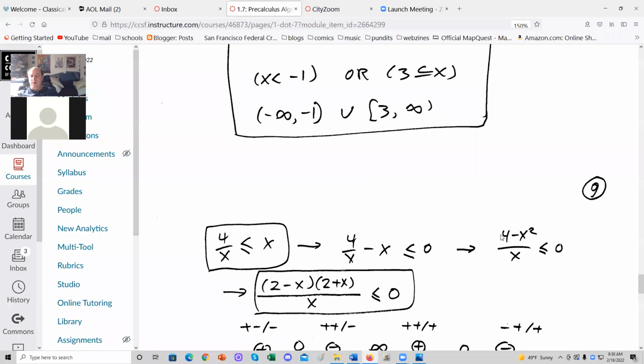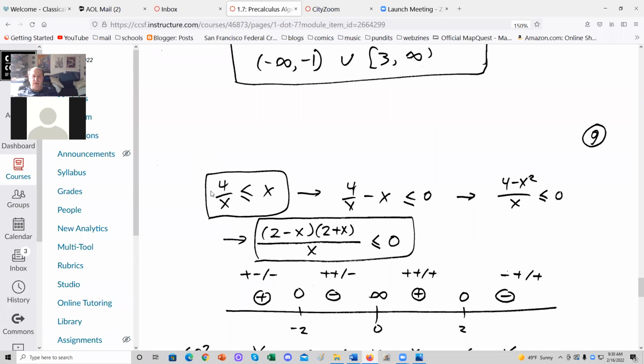4 minus x squared is 2 squared minus x squared, which factors into (2 − x)(2 + x). So this inequality is equivalent to (2 − x)(2 + x)/x less than or equal to 0. Okay, great. Now, at 0, it's infinity. At plus and minus 2, it's 0. Above 2, watch out. This is a 2 minus x rather than x minus 2, so it decreases as x increases.